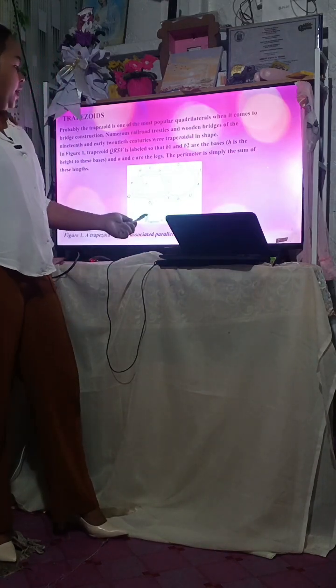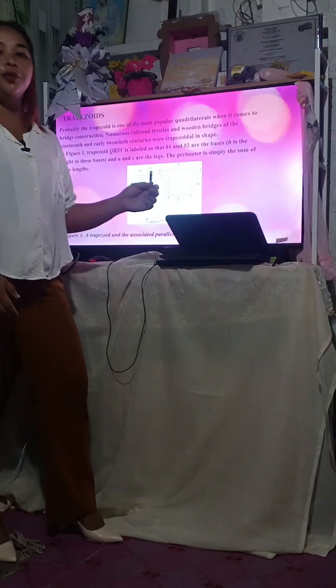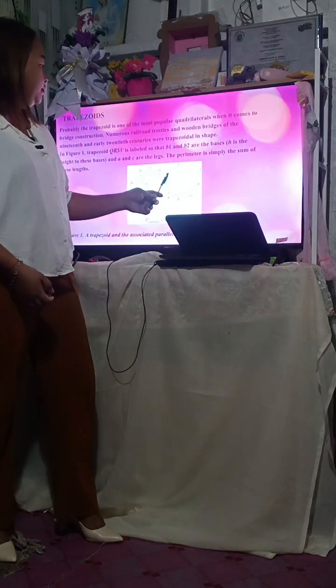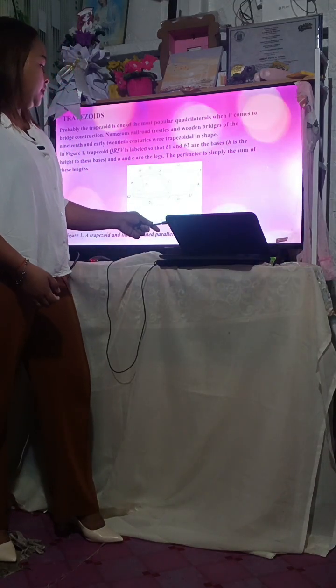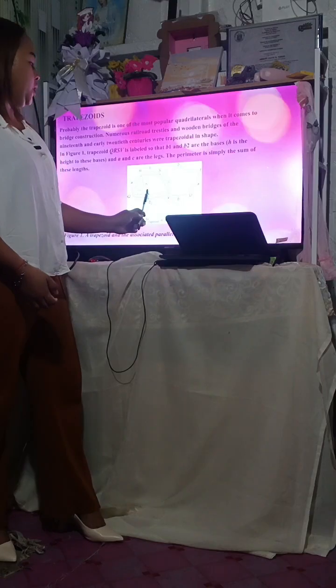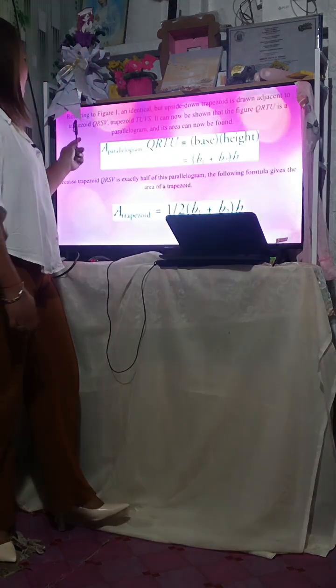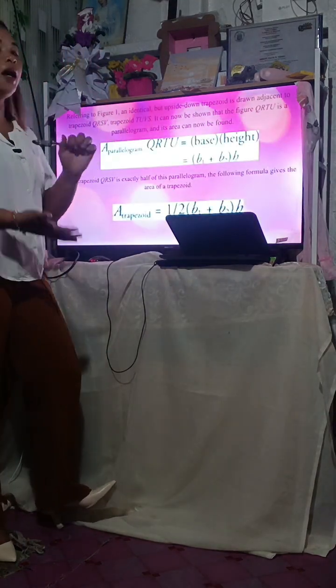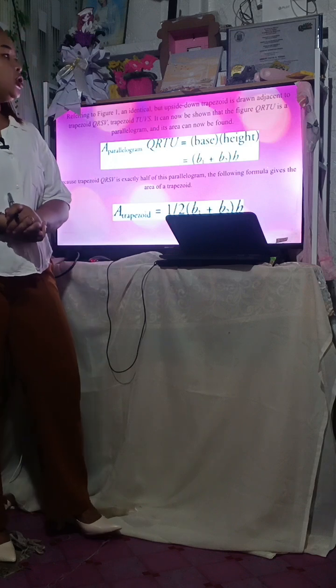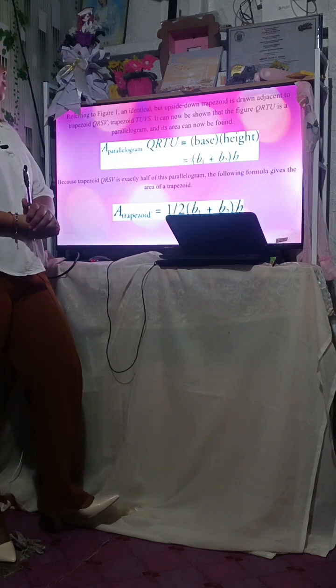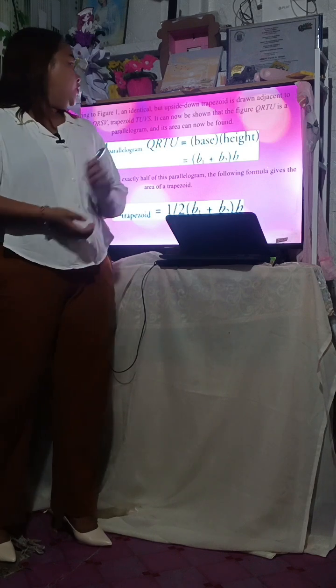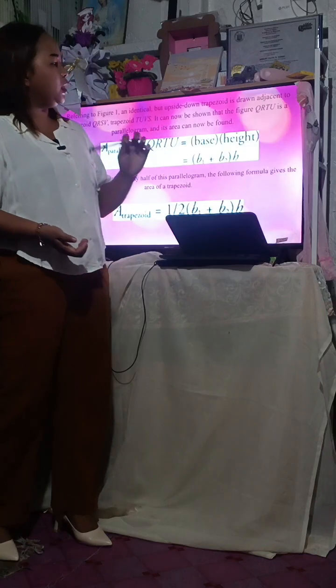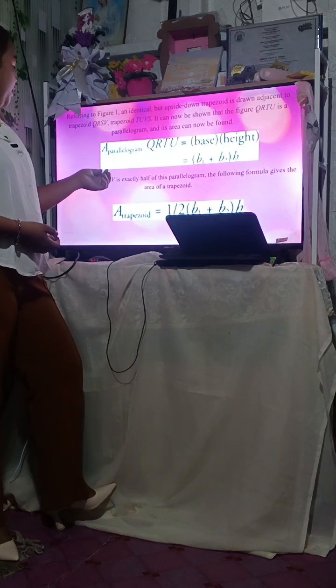So in finding the perimeter of the trapezoid, we will use the formula A plus B1 plus C plus B2. Referring to figure 1, an identical but upside down trapezoid is drawn adjacent to trapezoid QRSV. It can be shown that the figure QRTU is a parallelogram and its area can be found.